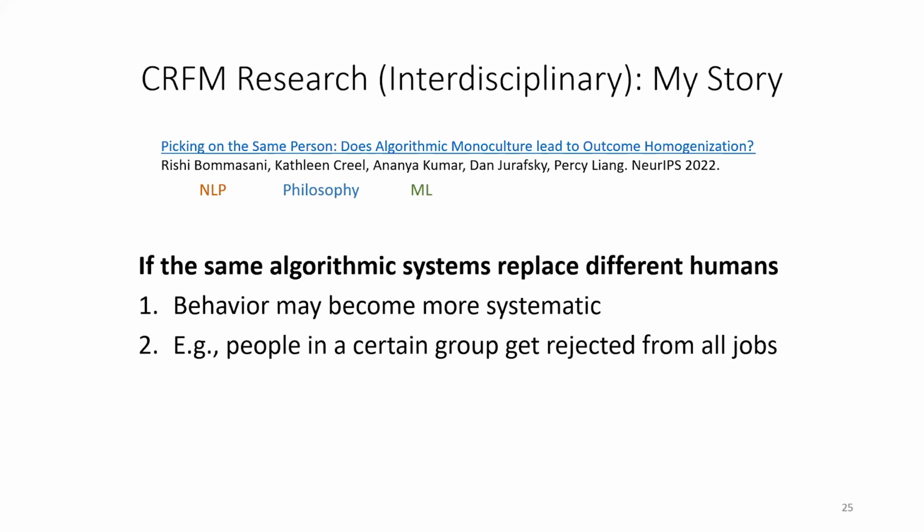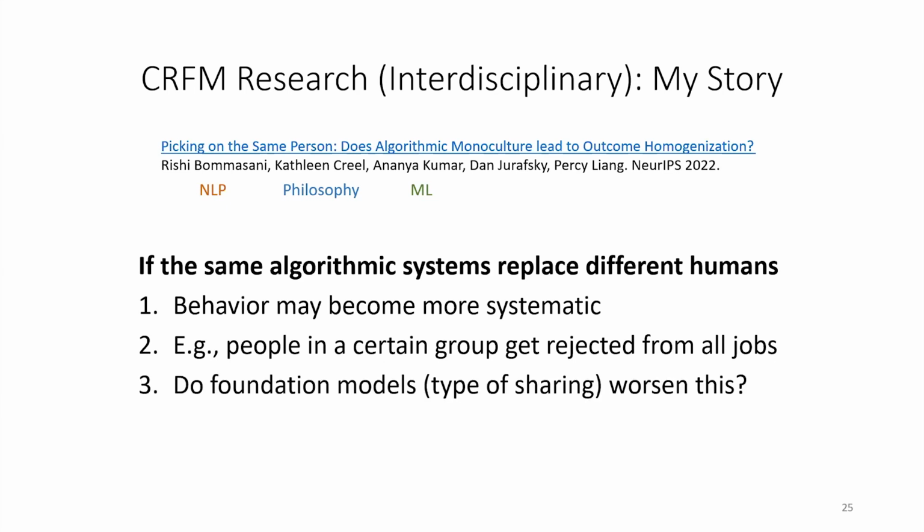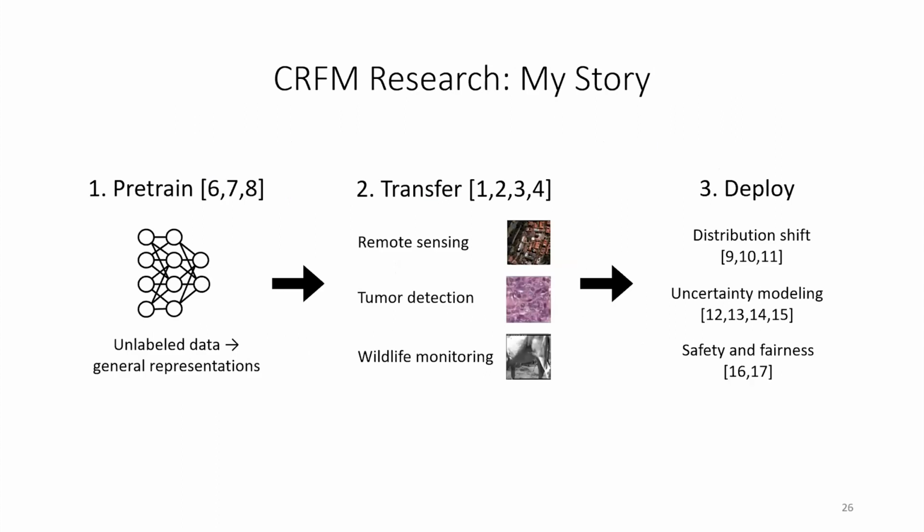So people in a certain group can get rejected from all jobs across the board. The question we're looking at is whether foundation models, where you share a central model, exacerbate this issue. Could that cause harms when a foundation model is shared across many deployments? I've done a lot of fundamental work on how to pre-train these models, how to transfer these models, and then how to deploy them better.